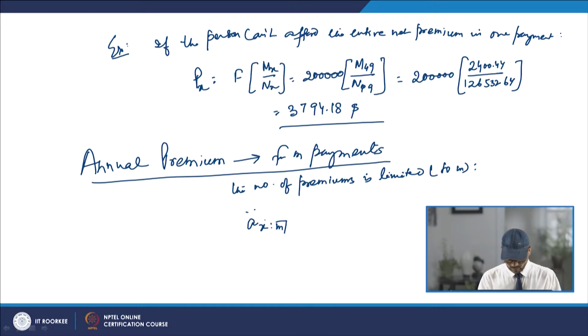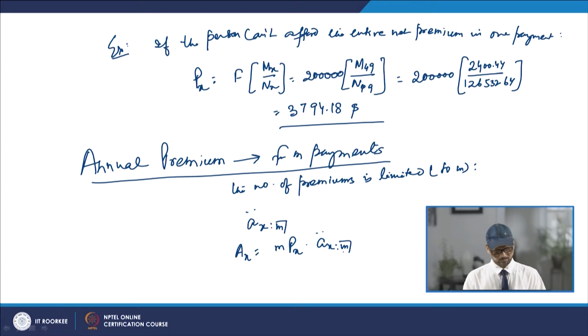So, AX will be MPX into A double dot X M. So, that is how you have to calculate. Now, in this case MPX, what you get for the M payments, MPX will be AX divided by A double dot X M.